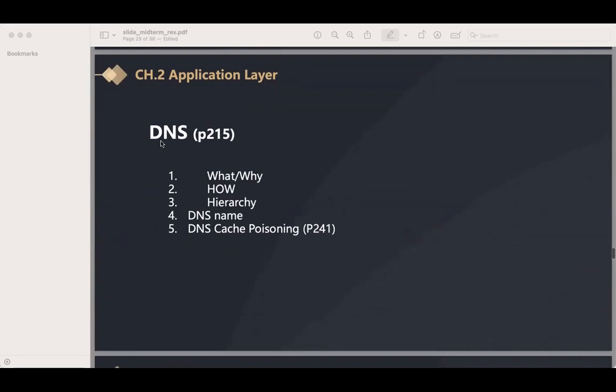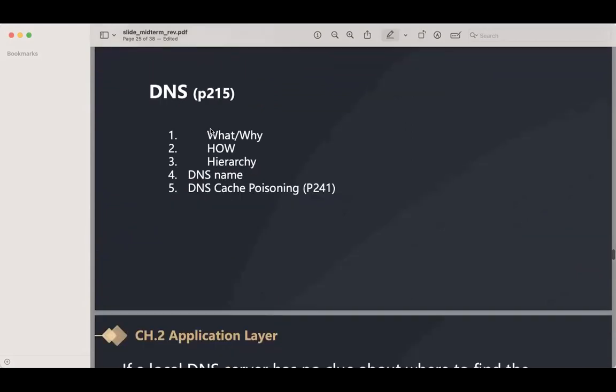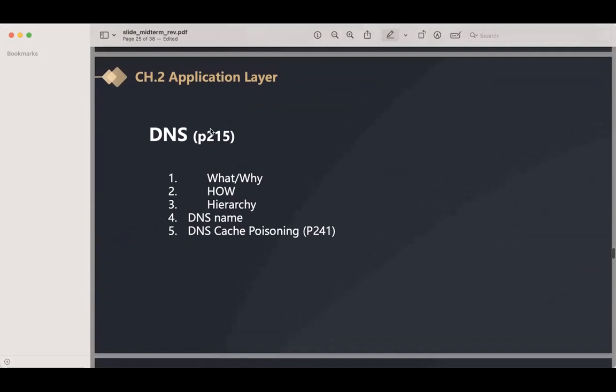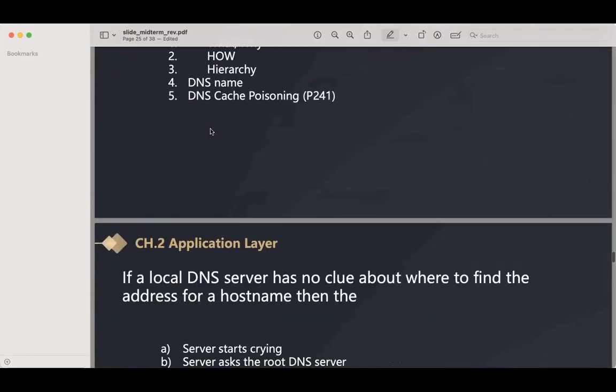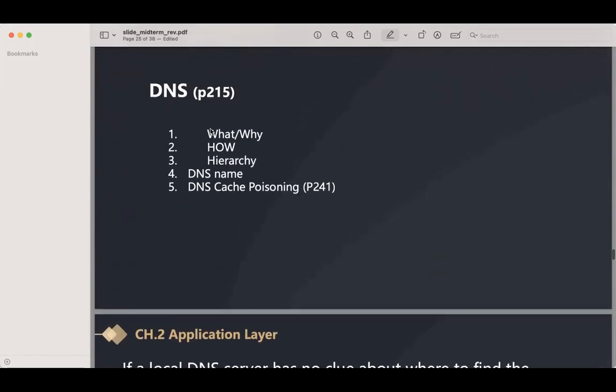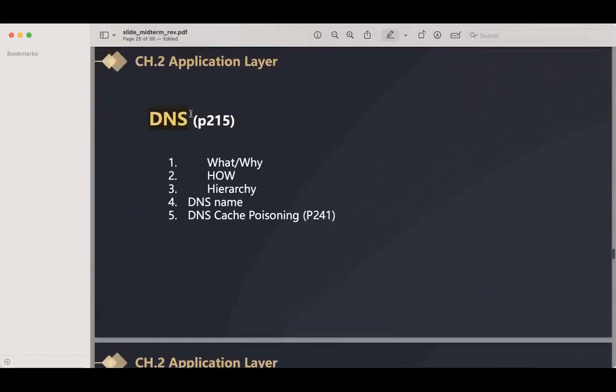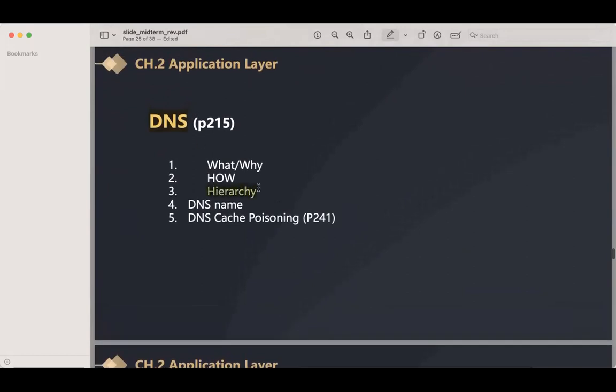And the next part is DNS. For DNS, usually we don't have much calculation, but we may have some short answer questions for DNS. So you need to try to understand how this works, and you also need to know the hierarchy of DNS.